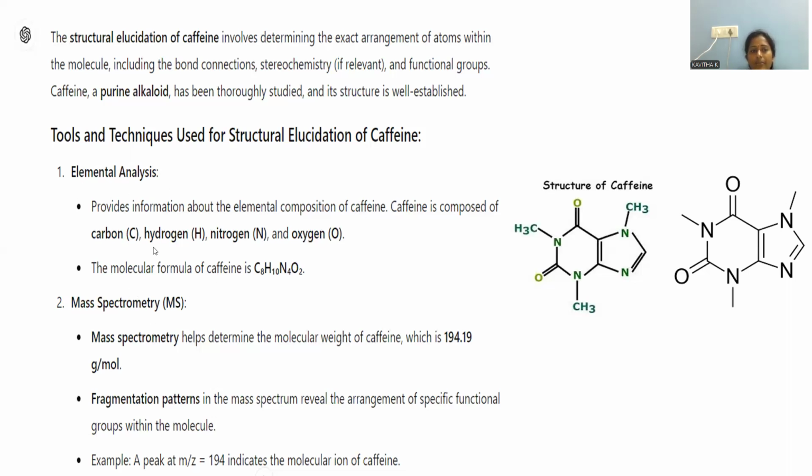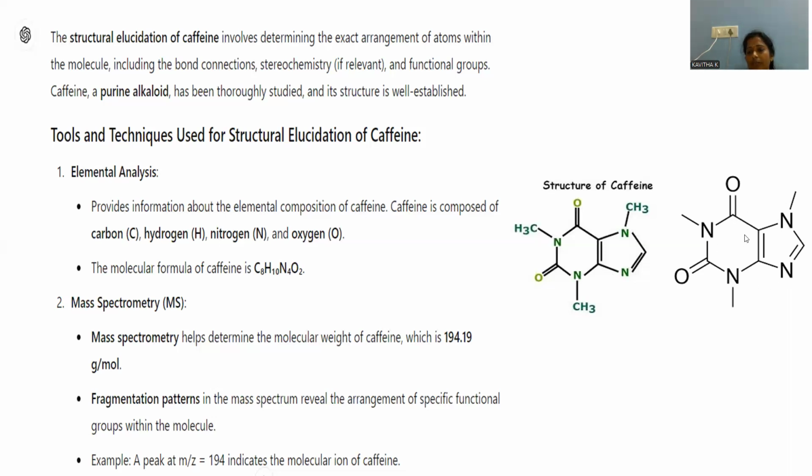Based on that elemental analysis, we concluded its molecular formula will be C8H10N4O2. This will be the molecular formula of what? Caffeine. So this will be the representation of its chemical composition, where we can find a purine core, adenine and guanine resemblance we can clearly notice, three methyl groups located on the nitrogens, and ketonic functional groups are also present.